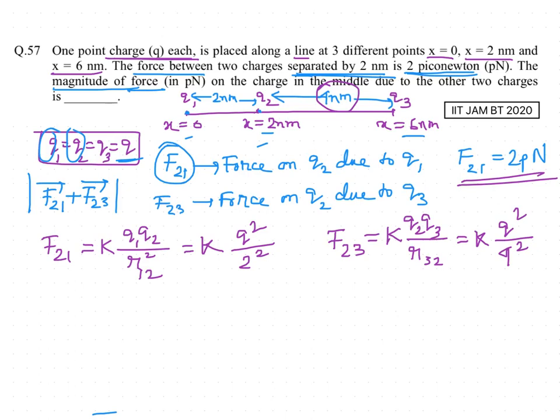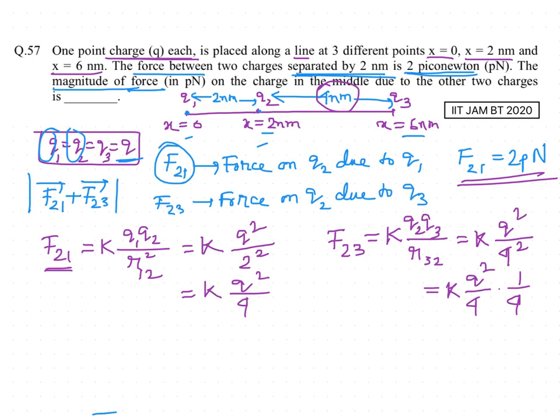See here, this 4 square, we can write this as K times Q square by 4 times 1 by 4, right? But in case of F21, we can write it as K Q square by 4, right?